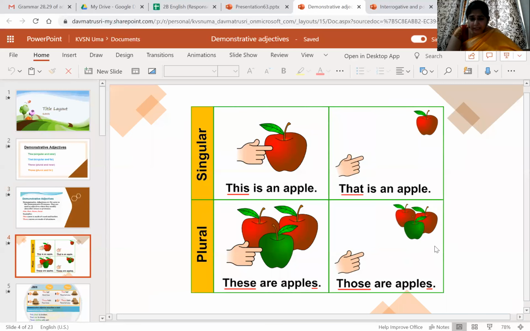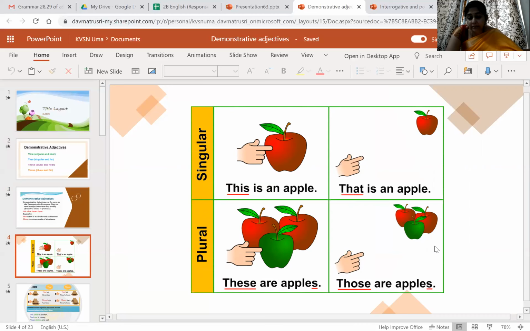As we'll go into the deep explanation of demonstrative adjectives, you can see an example on the screen where this is an apple, that is an apple. Why? Because the apple is very far in the second box. And coming to the plural part, in the first box, these are apples. They are very near and you are showing them, these are apples.